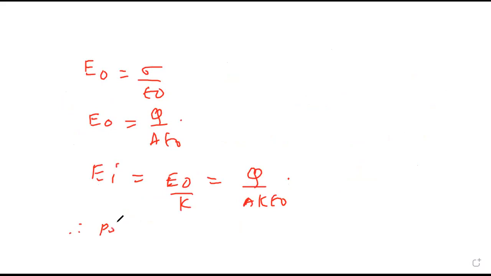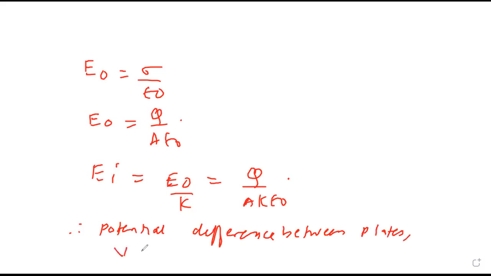Therefore, potential difference between plates, V, is E naught acting in d minus T and EI in thickness T.